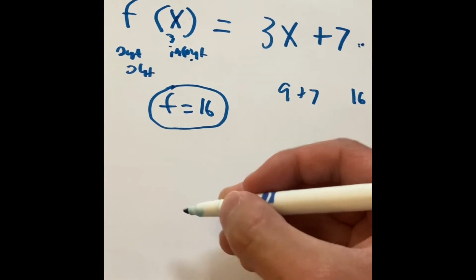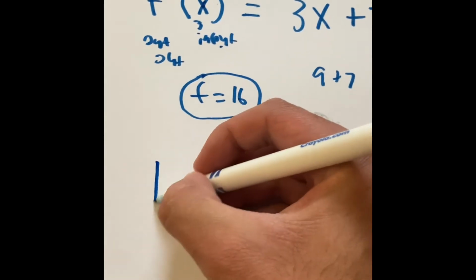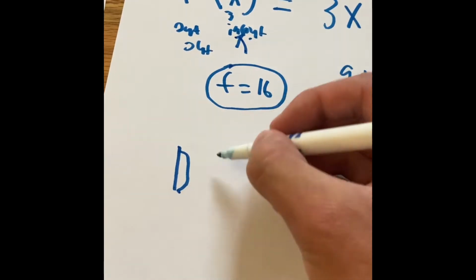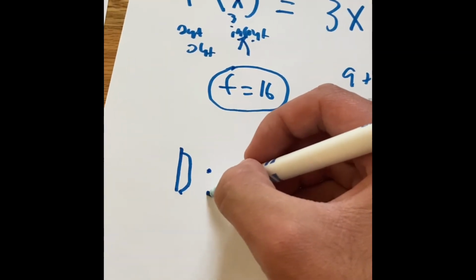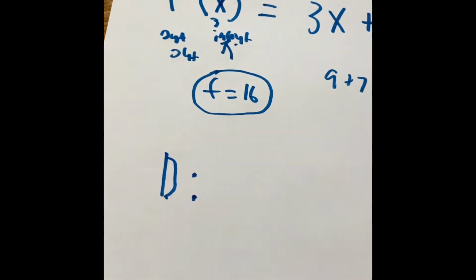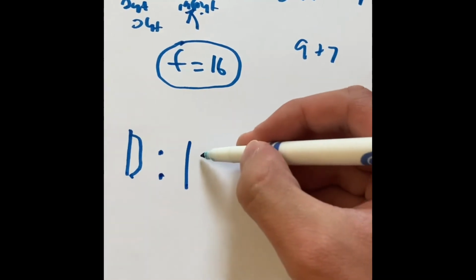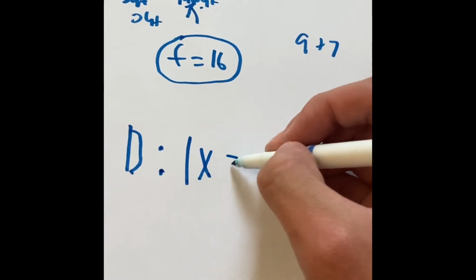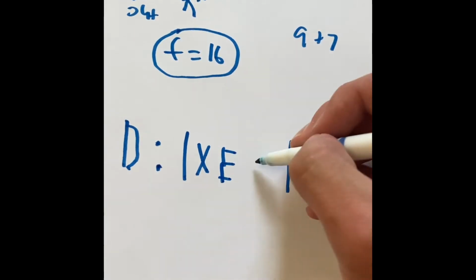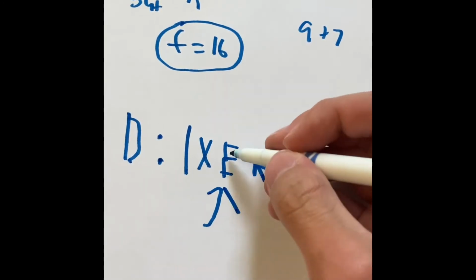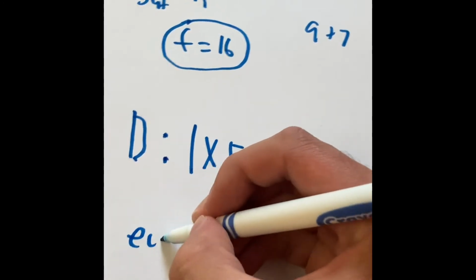That is why we say the rule is, when we find the domain, that's going to represent our input. The domain is going to have colons. Then we're going to have lines right here, and we're going to say x can be an element of all real numbers. The letter E means the word element.